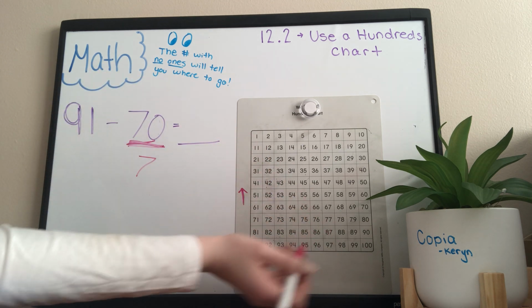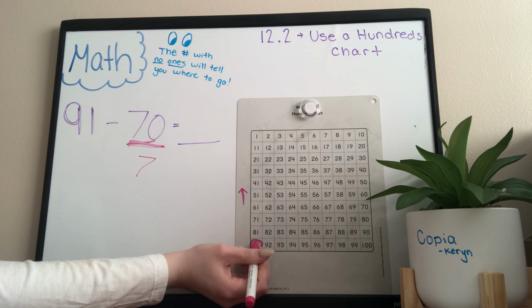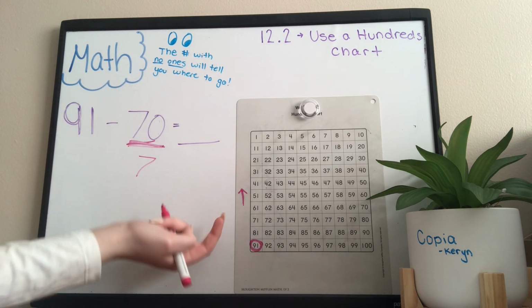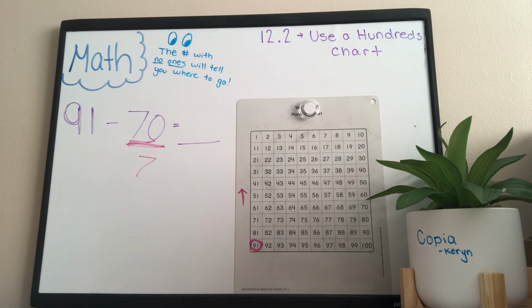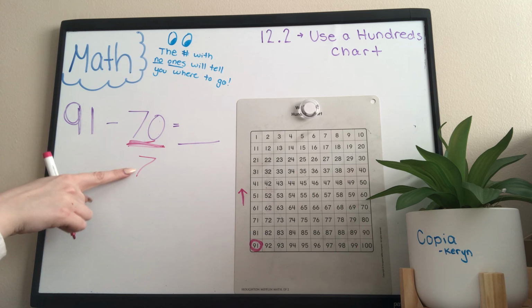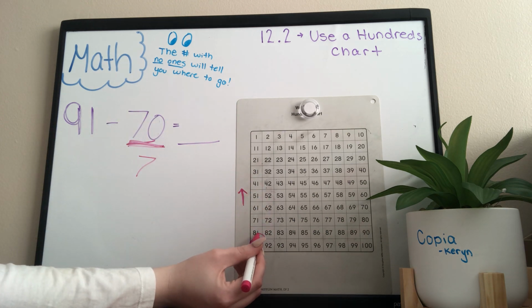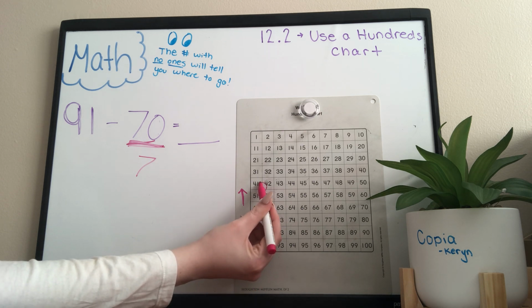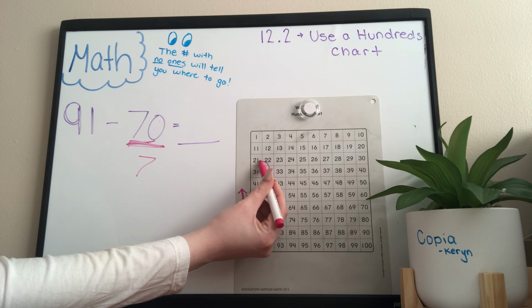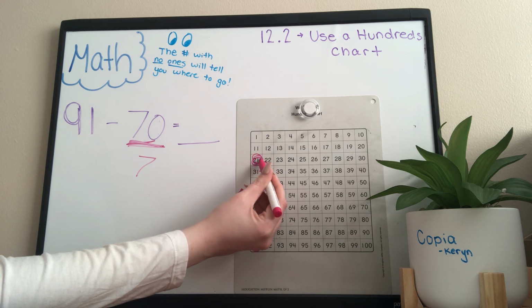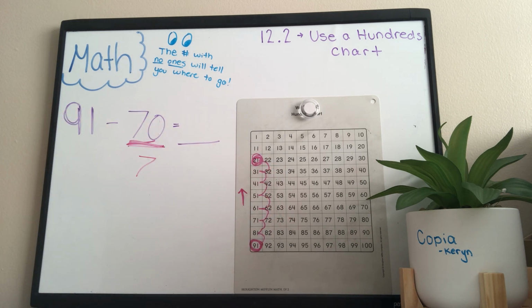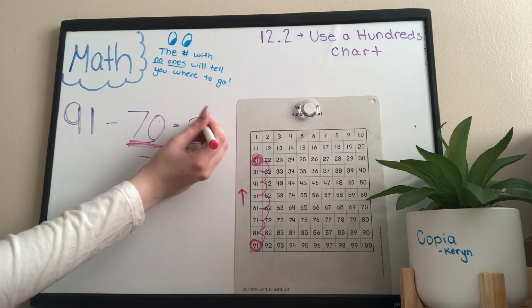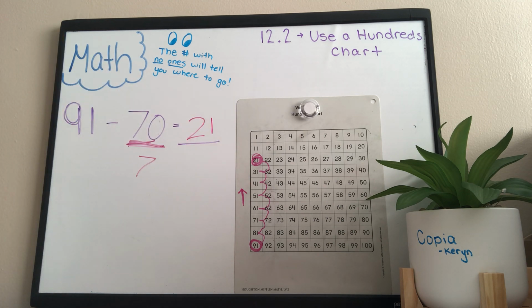So let's go ahead and circle 91. And we're going to move up how many rows? 7 rows. Amazing job. 1, 2, 3, 4, 5, 6, 7. What number did we land on up here? Nice. 21. Awesome, super duper amazing job.